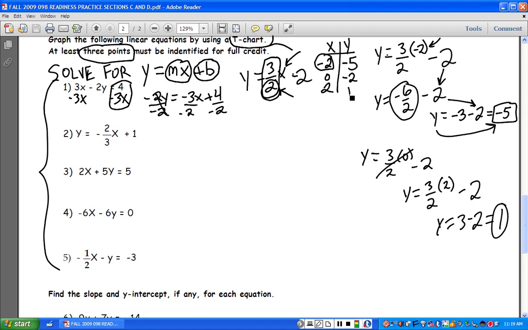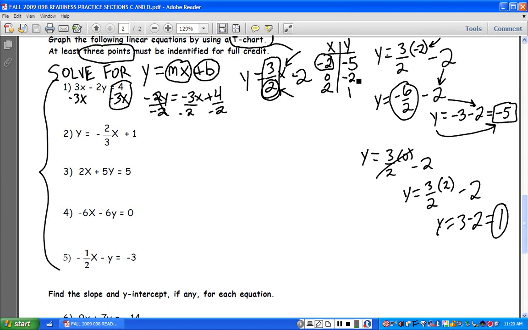And if you notice, there's a pattern because our x inputs are symmetric about 0, so we have negative 2, 0, and positive 2. Because it's symmetric on the x side about 0, we should always have a pattern with our y values as long as we're dealing with linear equations. So we got a negative 5 for the first answer, and if I add 3 to that, I get a negative 2.